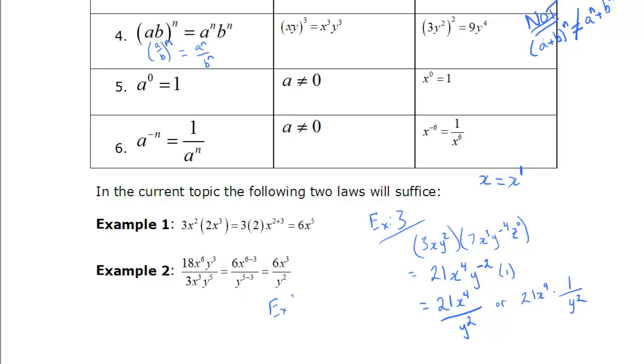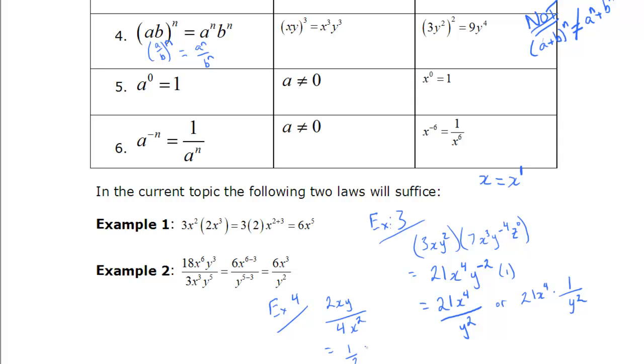Maybe we'll do one more example with division. Let's say we have 2xy over 4x squared. Well, 2 over 4 can reduce to 1 over 2. X over x squared, well, we need to subtract the exponents.